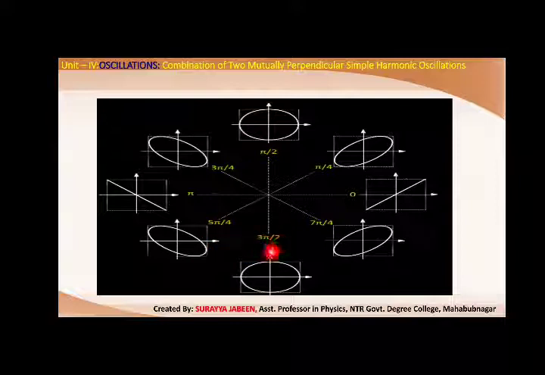Then for 3 pi by 2 we get the same image, and for 7 pi by 4 the same. These 3 are the same as we got here. So in total we are taking 8 cases. In our syllabus we have 5, because all the remaining extra cases are similar to these 3 cases. So in combination we can take 8 cases.